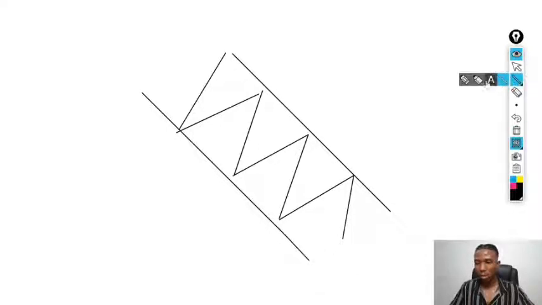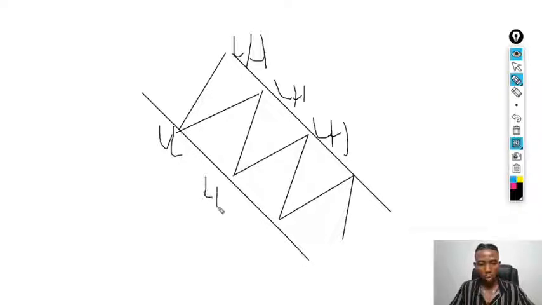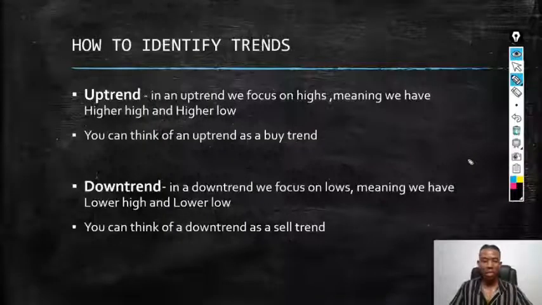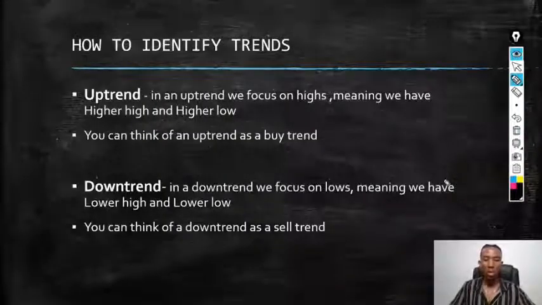And then we have lower highs at the top, and then we have lower lows at the bottom, meaning this is the high part of the channel, but each high is lower than the previous one. And this is the low part of the channel, and each low is lower than the previous one, hence lower low, and here lower high. Okay, so that is just how to identify a trend. So now let's continue with the slides.